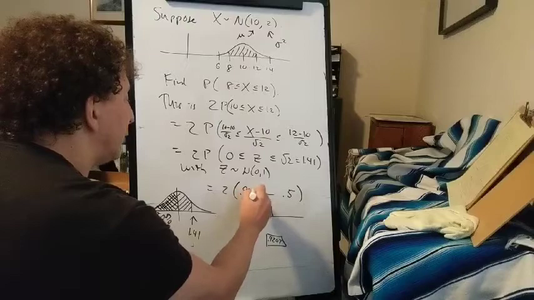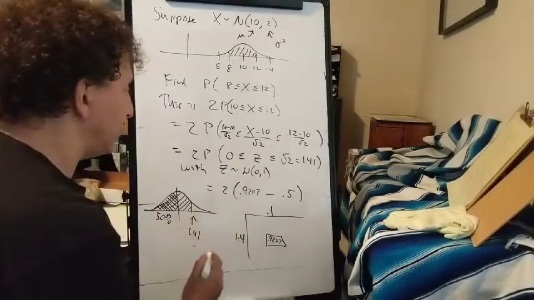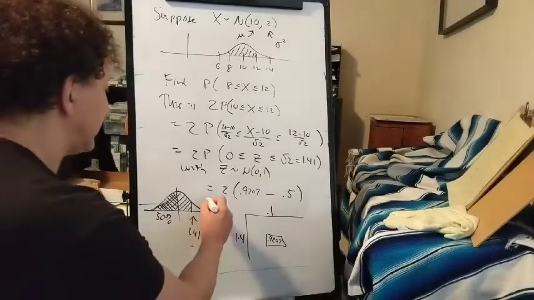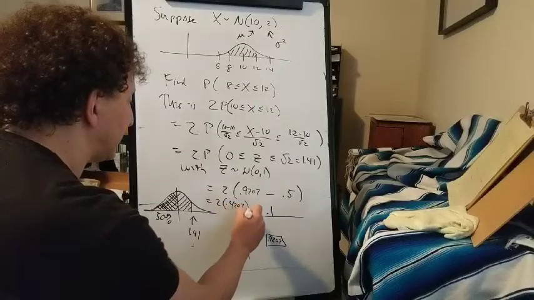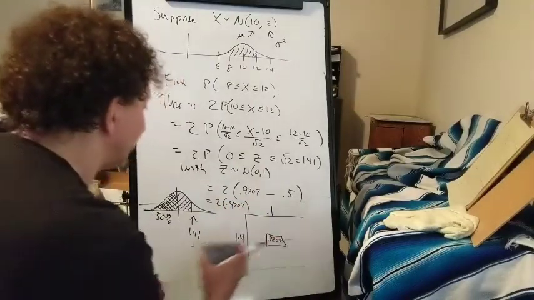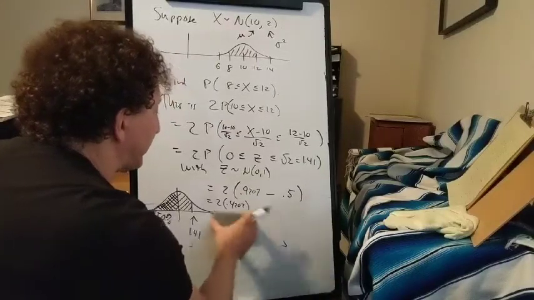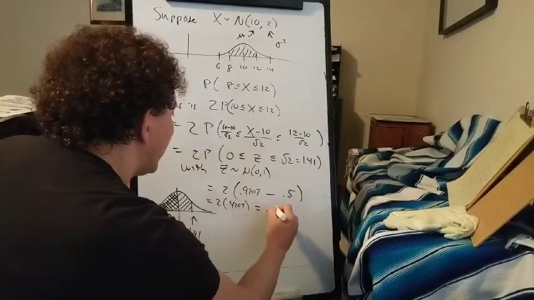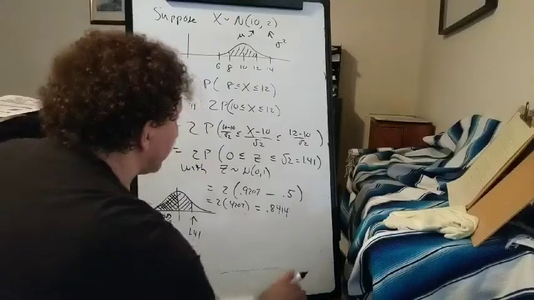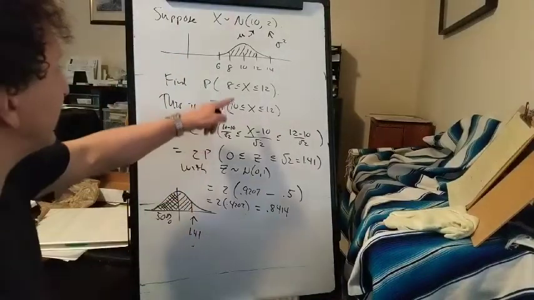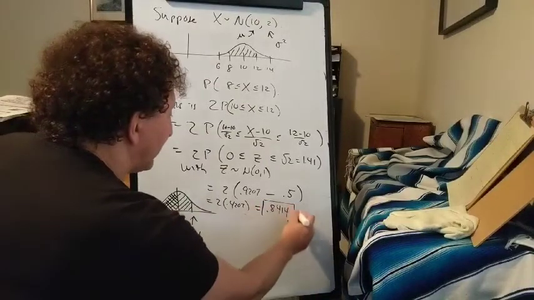So 0.9207 minus 0.5, times 2, is 2 times 0.4207, which is 0.8414. So the probability that X is between 8 and 12 is 0.8414.